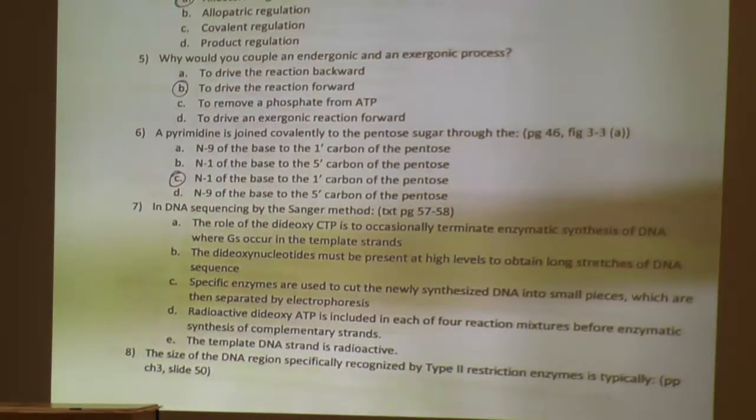So, in DNA sequencing by the Sanger method, C? Are you sure? What is the Sanger method? The Sanger method is the dideoxy method. So, which ones have dideoxy in them?